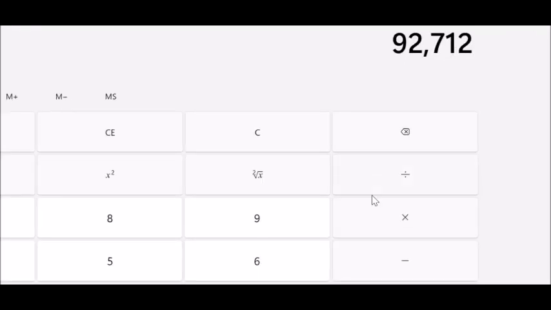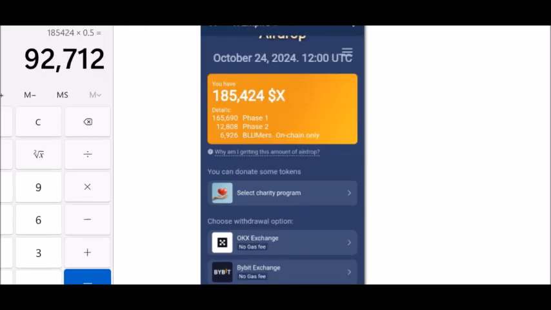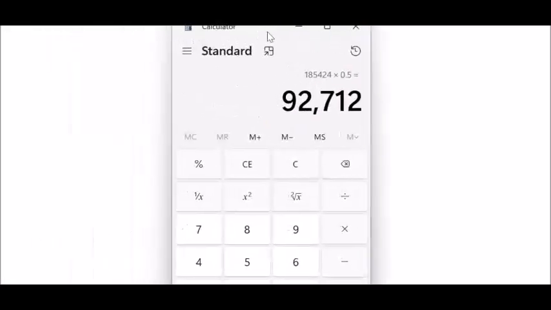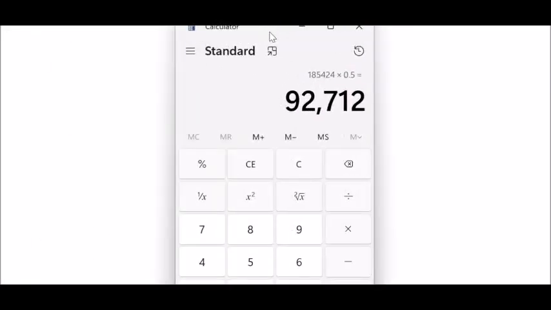Now, let me get back to my calculator. My calculator here is showing what my wife has, 185,424. Let's assume that Xempire lists for 0.5, that is the listing price, $0.5.